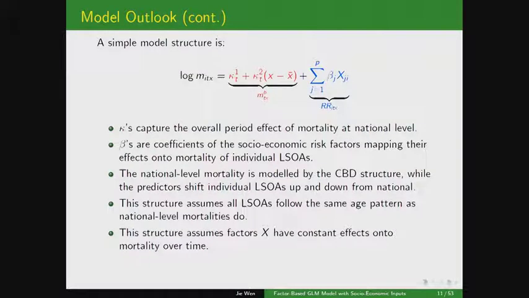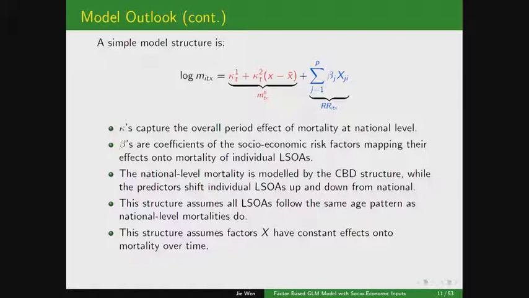Here is the first example, the simple model structure. How does it look? We use the CBD structure to model the national level mortality, and then we use a combination of different linear predictors as a GLM term to model the LSOE level mortality, which shifts up and down from the national level.